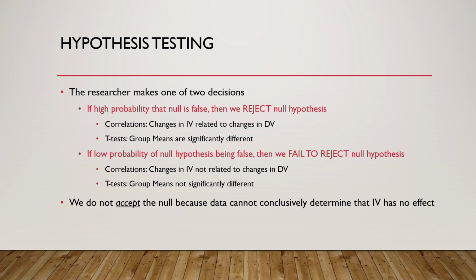But if there's a low probability of the null hypothesis being false, and we can't find evidence that there's actually something interesting going on in the world, then we fail to reject the null hypothesis.